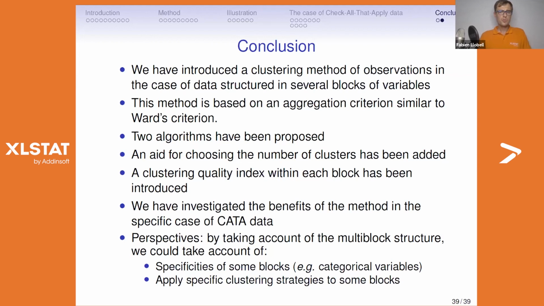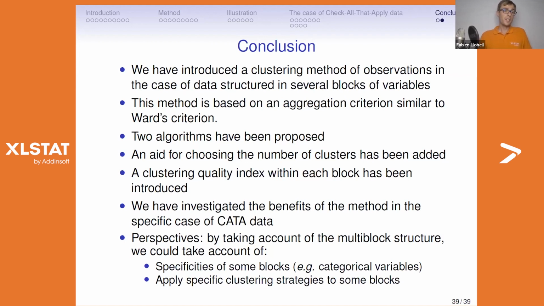We've proposed two algorithms, a hierarchical and a partitioning, and we think that the two algorithms should be used one after the other to improve the quality of the solution.